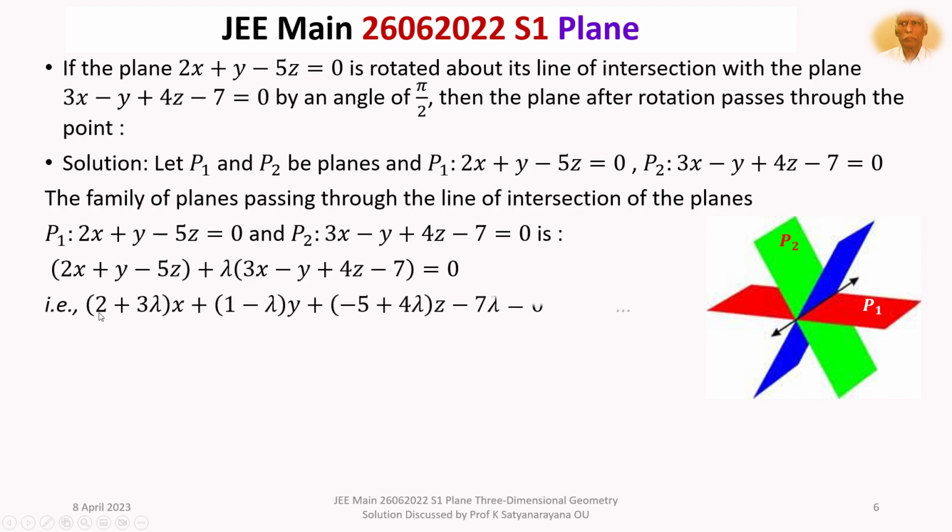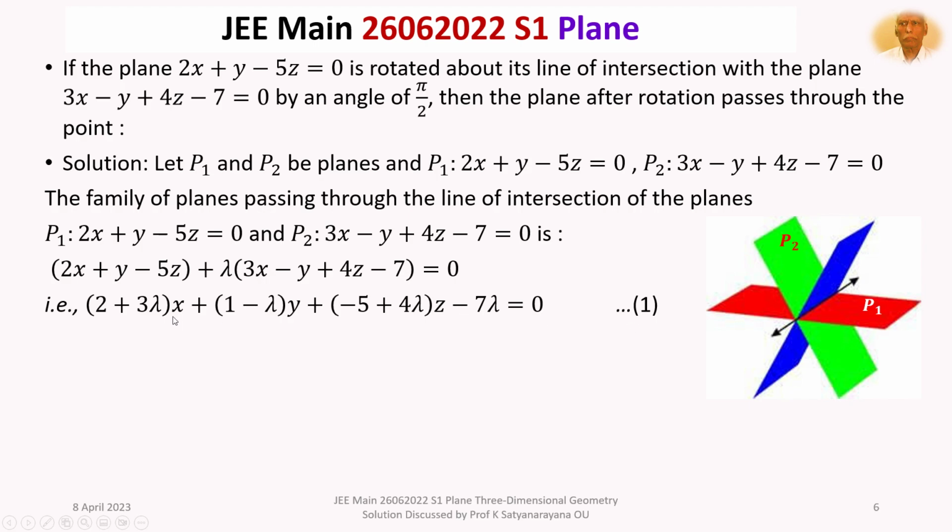Simplifying, we get 2 plus 3 lambda multiplied by x plus 1 minus lambda multiplied by y plus minus 5 plus 4 lambda times z minus 7 lambda is equal to 0. Let's call this equation 1. So the family is given by this equation. Let's call this family 1.